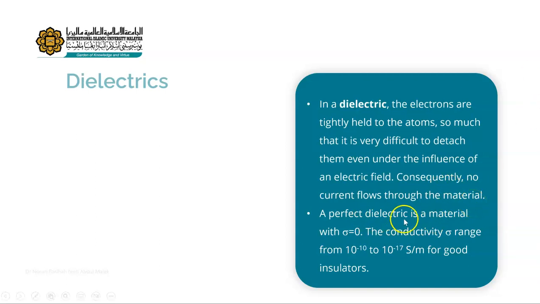A perfect dielectric is a material with conductivity equal to 0. Usually for dielectrics, the conductivity ranges from 10 to the power of minus 10 to 10 to the power of minus 17. These are very good insulators, which is the other name for dielectrics.